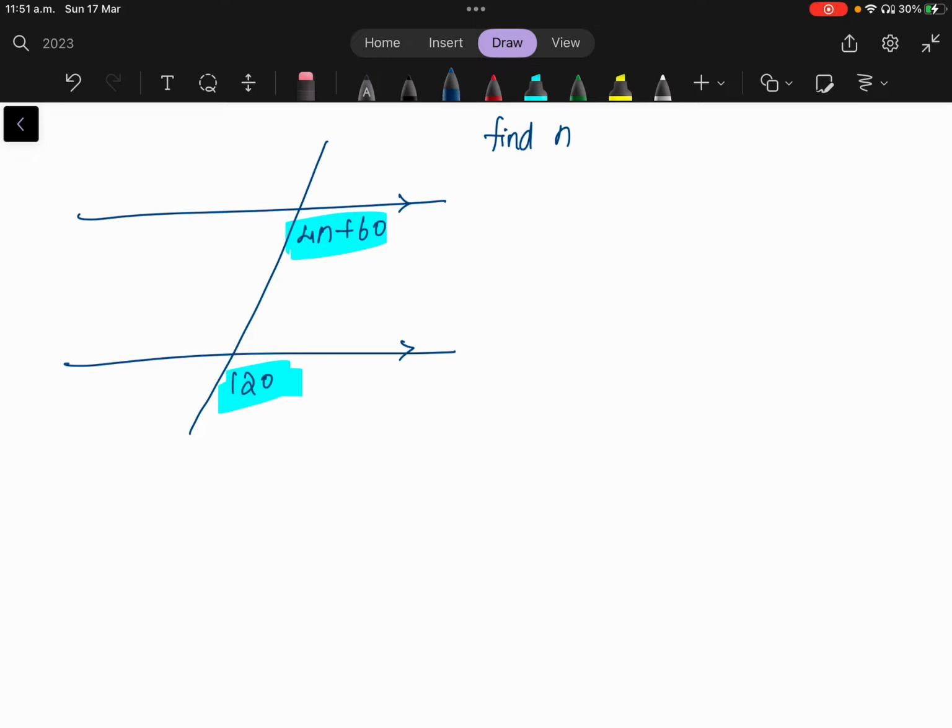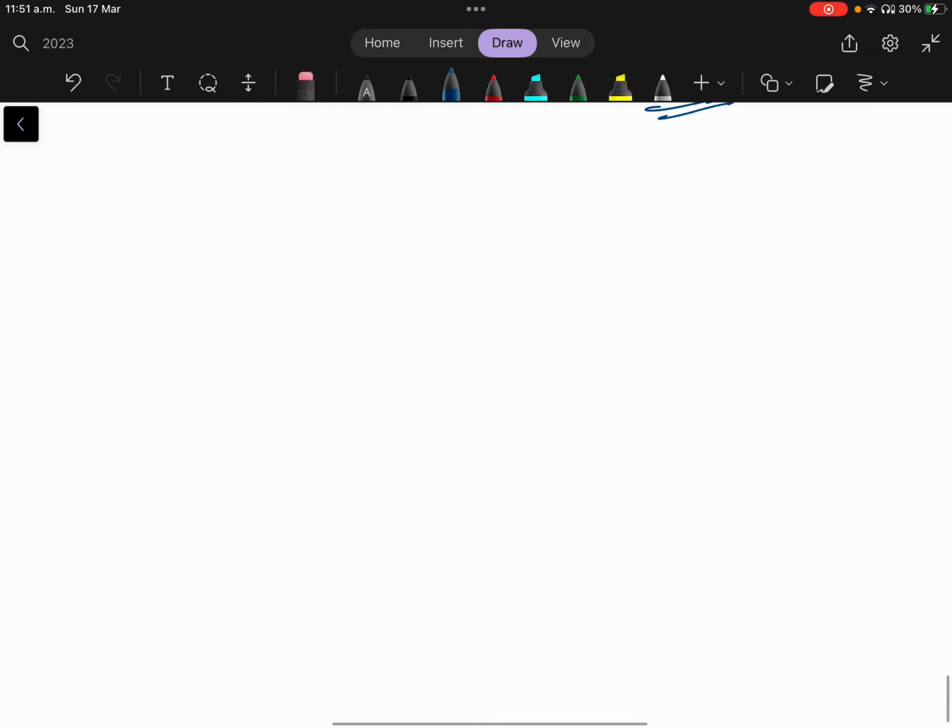They are corresponding angles. So corresponding angles are equal. So I will write 4n plus 60 is equal to 120. 4n is equal to 120 minus 60. So 4n is equal to 60 and n is equal to 15. So whenever you get an algebraic question, you need to work out these values.